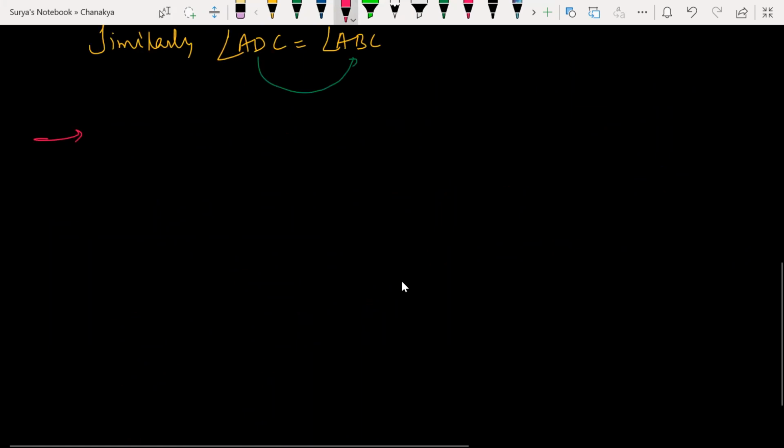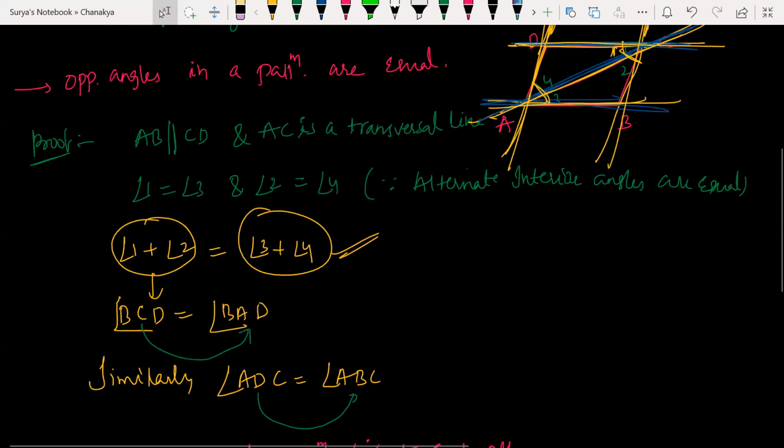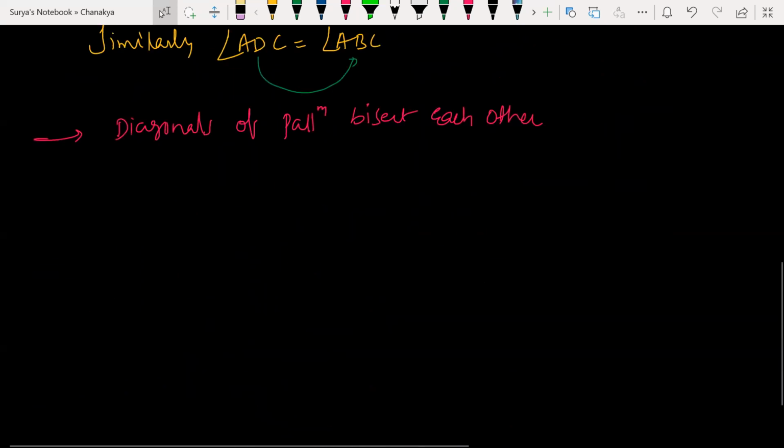Next, diagonals of a parallelogram bisect each other. Diagonals of a parallelogram bisect each other.